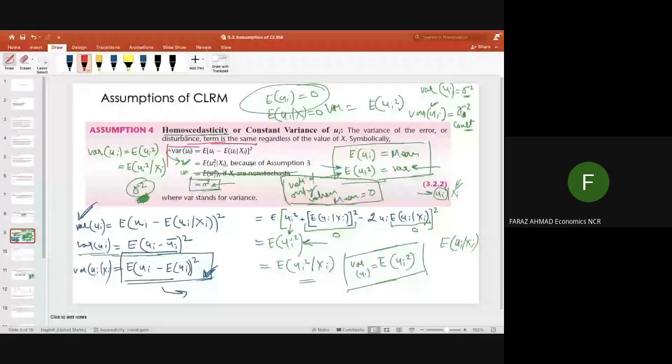Your cursor is not moving, sir. I am putting it in a red box. How do you reach from here to here? You start from this line. So I started from this line and then I solved up to here. That gives us this line and this line.